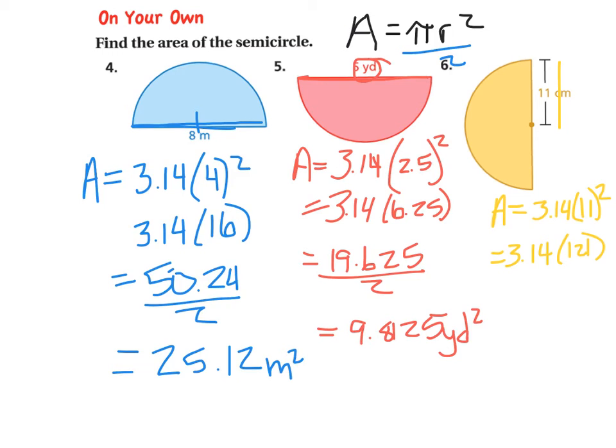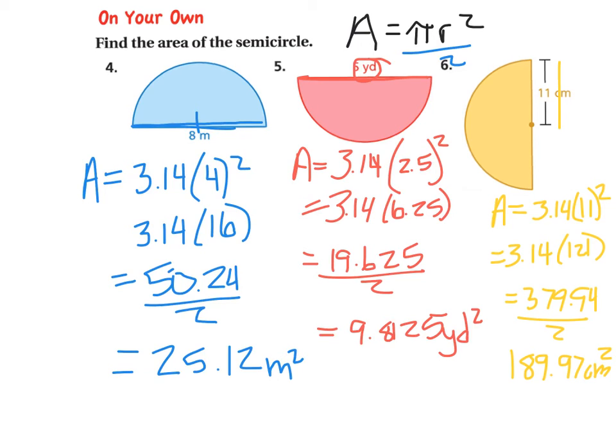And then you multiply that times 3.14, and you're going to get 379.94. Now again, this is a half a circle, so we divide that by 2, and you're going to get 189.97. And this one is centimeters squared.